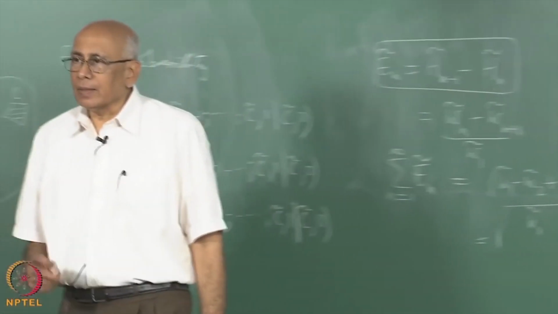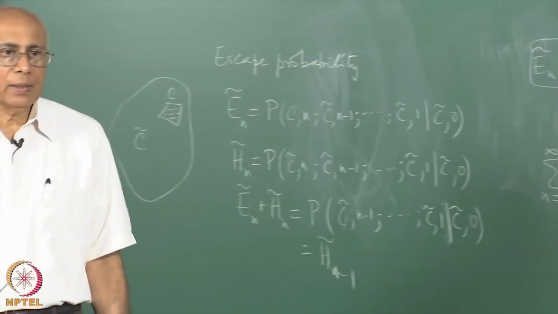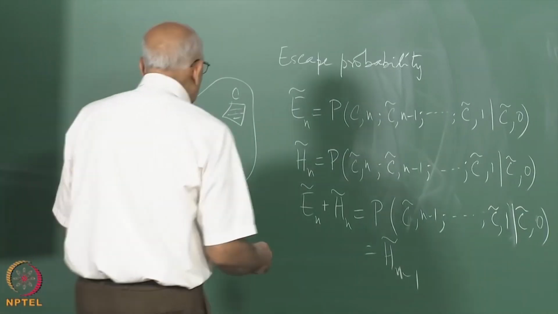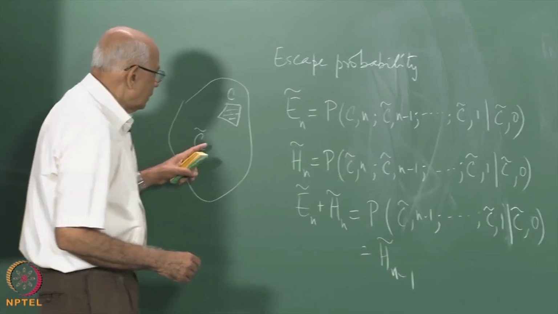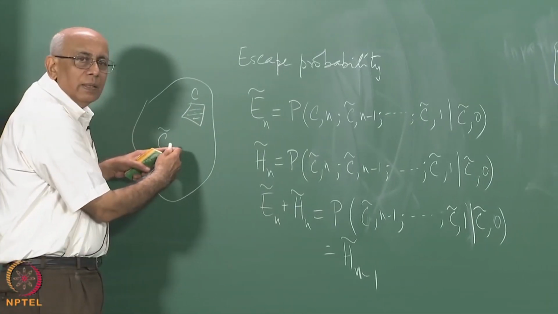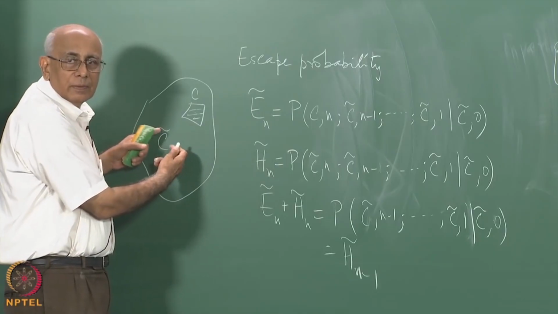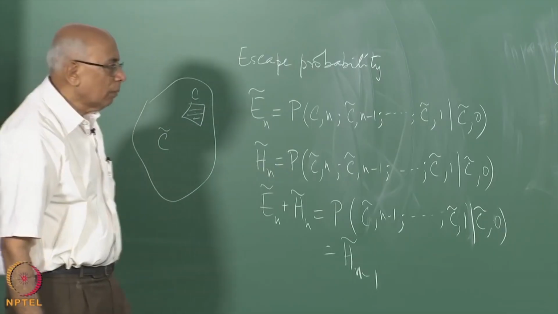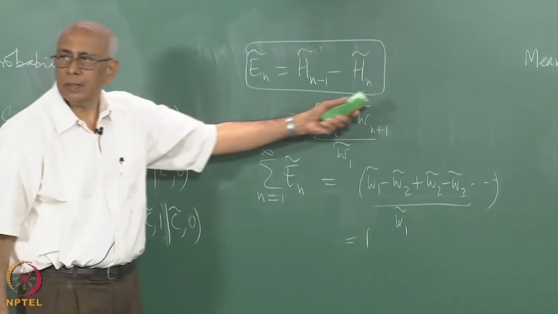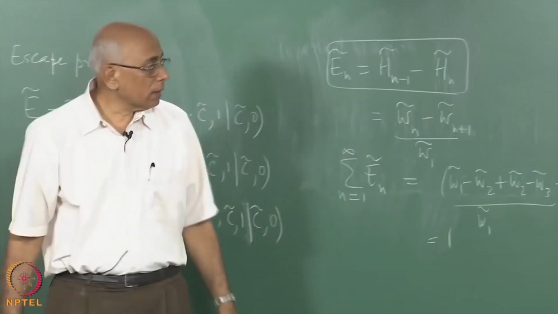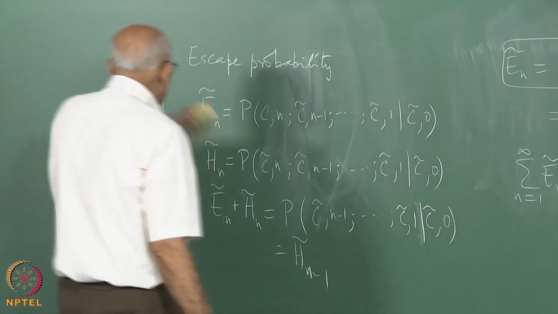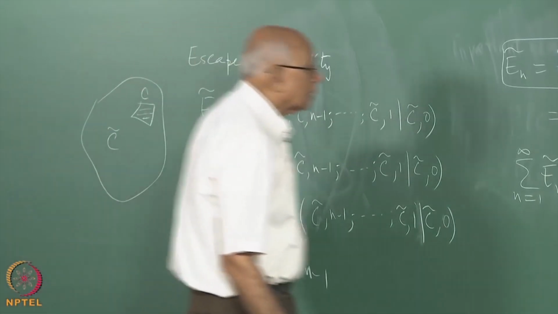Now let us look at recurrence and see what happens. So the lesson here is that the escape out of C tilde is the first difference of the sojourn in C tilde, okay, by this simple formula. Now let us ask, what about the recurrence itself? And there I defined what the recurrence was.